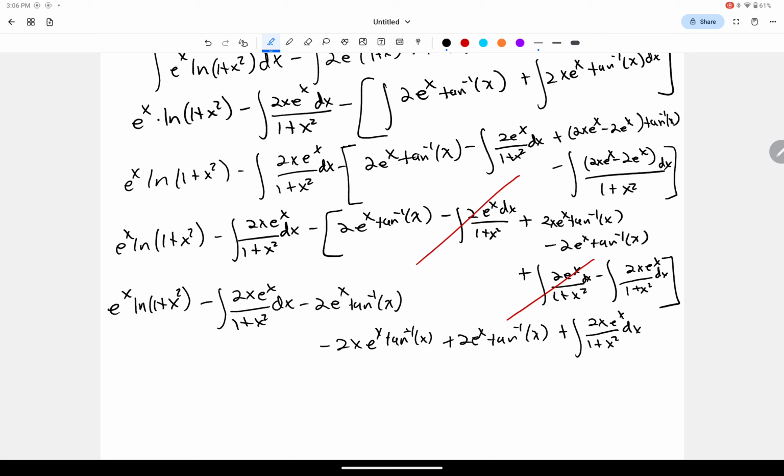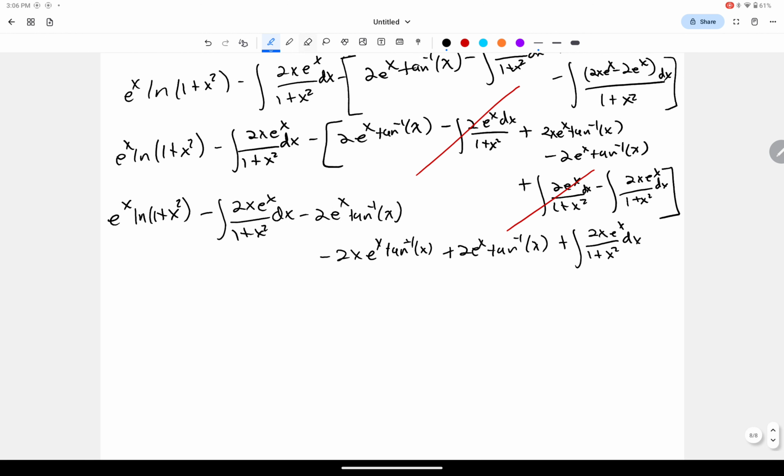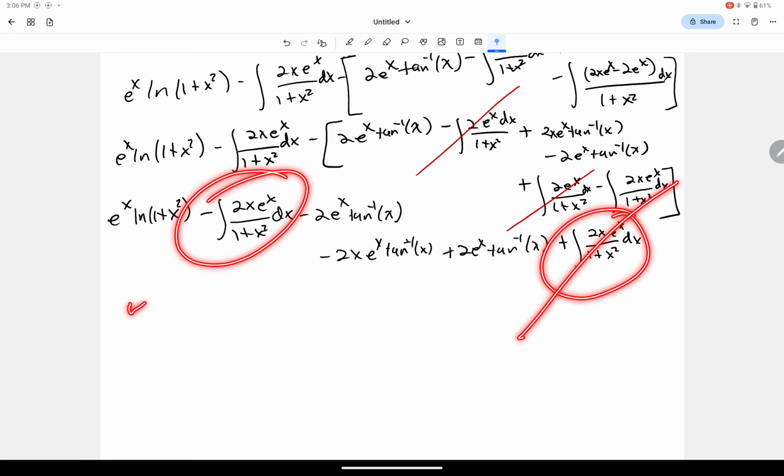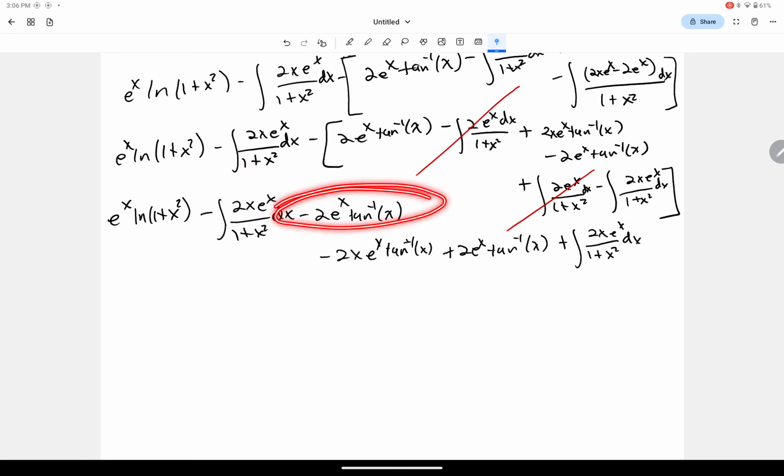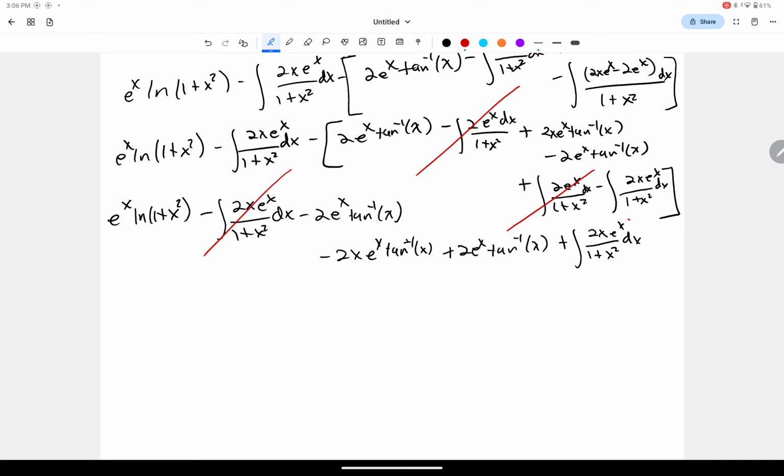And this is after implementing the negative. And two things that you can notice is that this integral are the same and opposite polarity, so they cancel. This expression right here and this expression right here are the same and of opposite polarity, so they can cancel. So I can cancel these terms, and these terms.